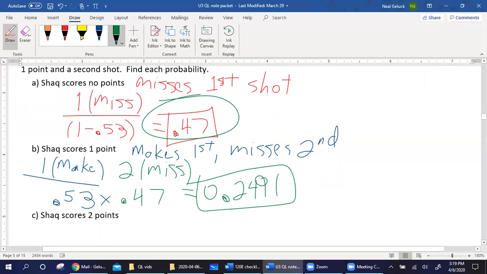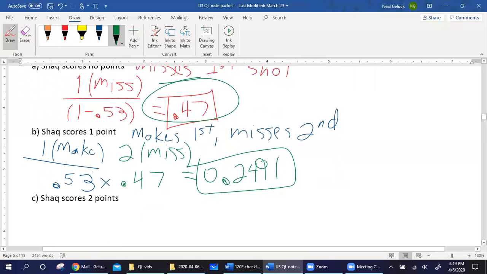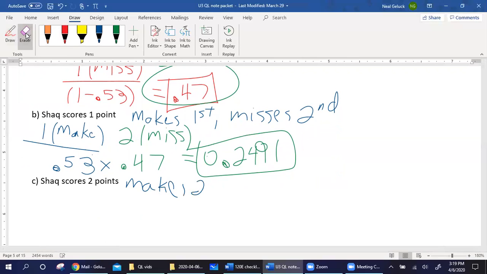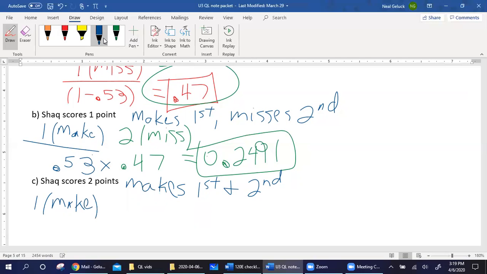And for the last possibility, Shaq scores 2 points. This means that he makes the first, try that again. Shaq makes the first and second shots. So first shot is a make. Second shot is a make.